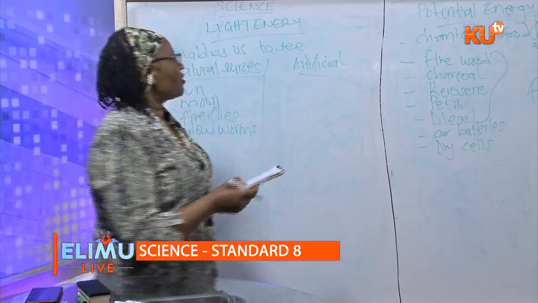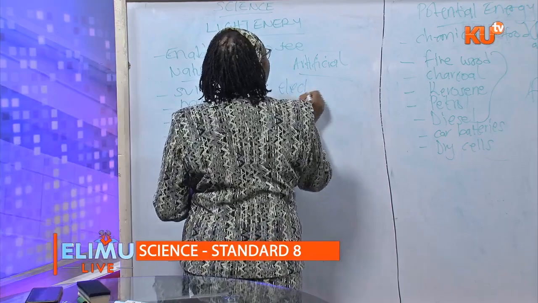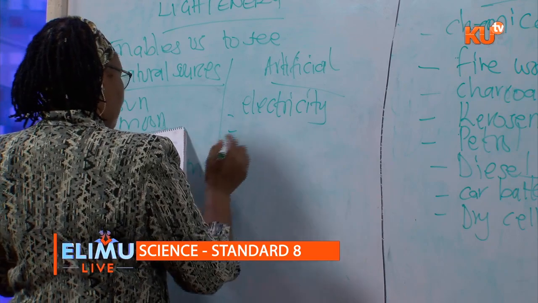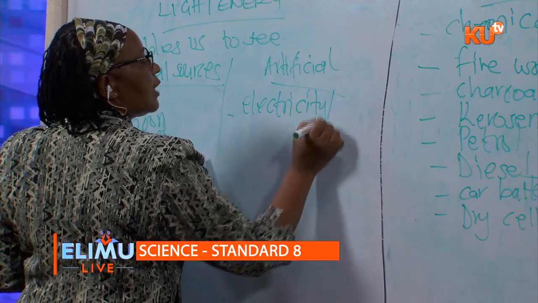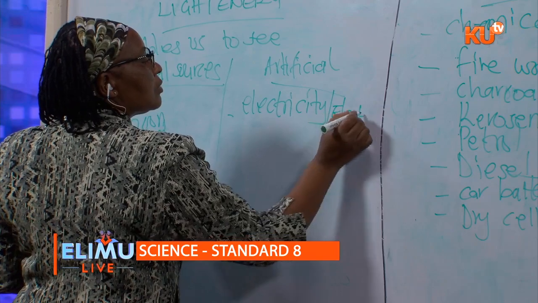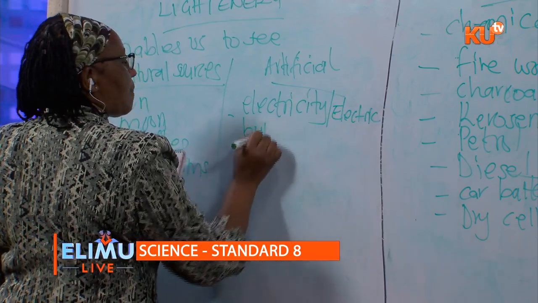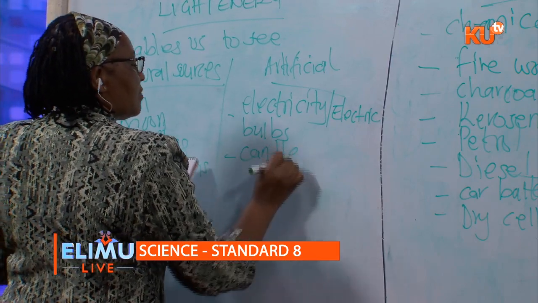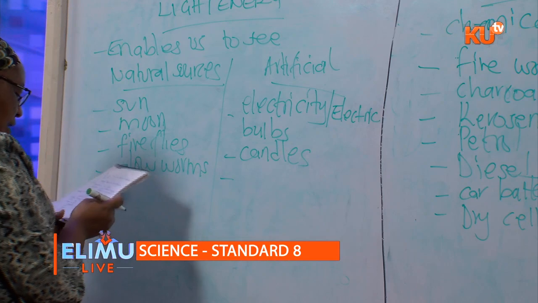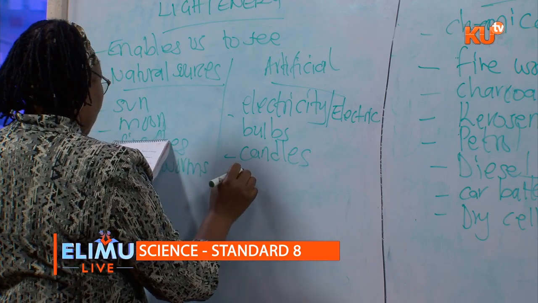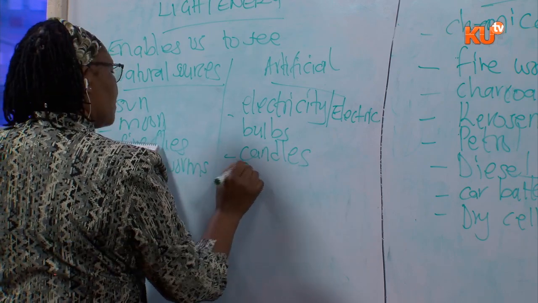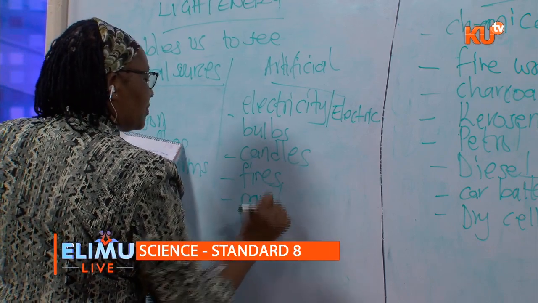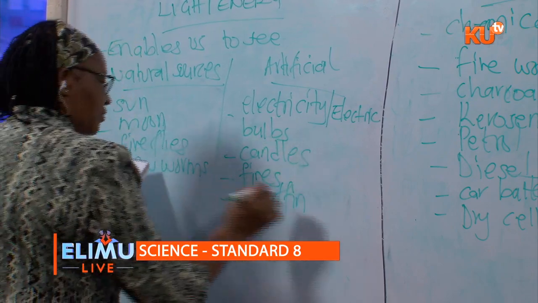Then we have artificial sources like electricity, or we have electric bulbs. Then we have candles. Sometimes when we have a power blackout, we usually use candles. Even fires can be used. We have paraffin or kerosene.